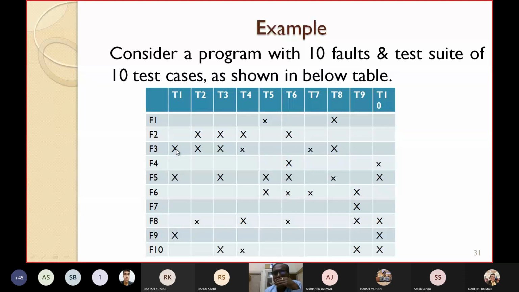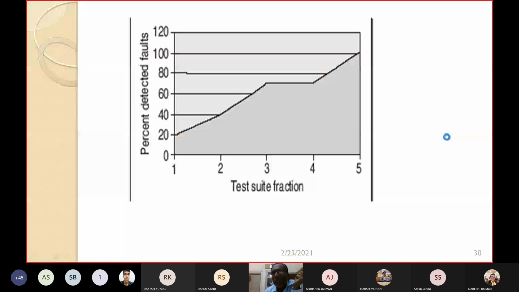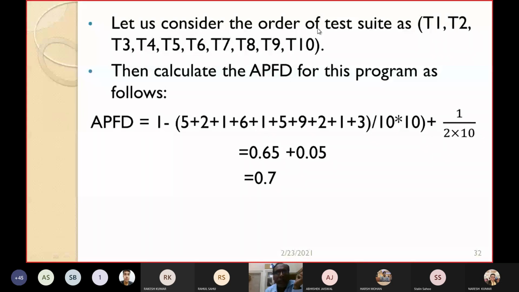Now take an assignment: take the same table and change the order of the tests, because I am prioritizing. Suppose T2 is your first priority, then T1, then T4, then T6, then T3, then T5, then T8, then T7, then T10, and last T9.